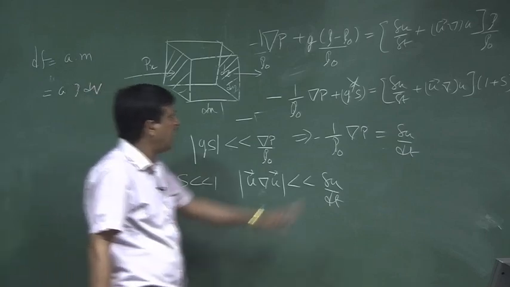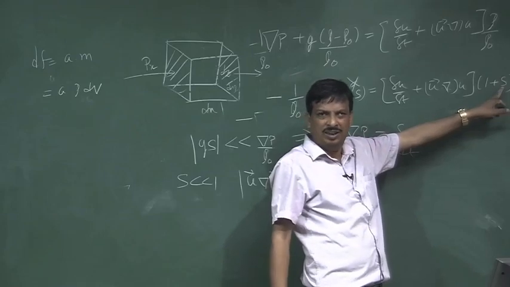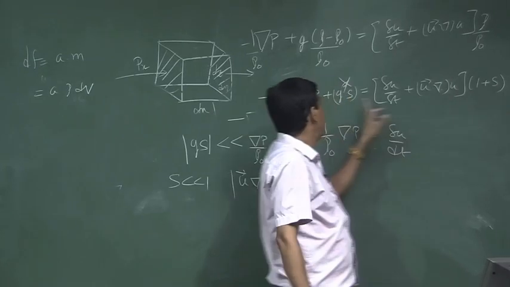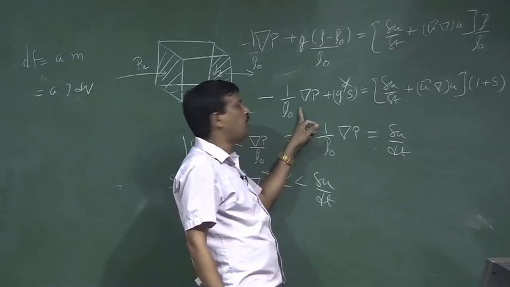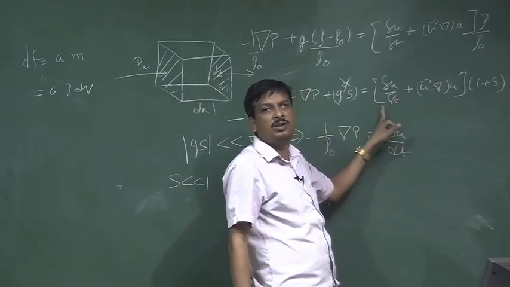Okay. So, I am considering s is negligible because it is much less than 1. gs is negligible compared to this term and this term is negligible compared to this term.